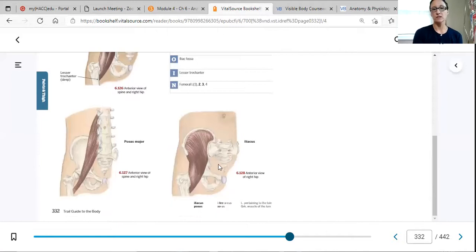All right, so this is what they look like individually. Iliacus is quite a bit larger than psoas major, as you can see, but they go in the same direction, okay? All right, so when do you use your iliopsoas?